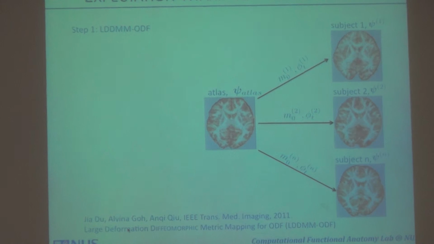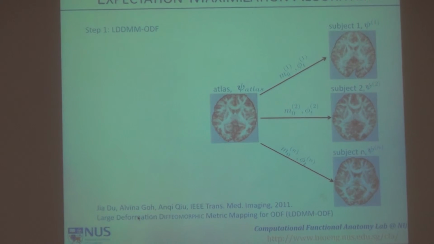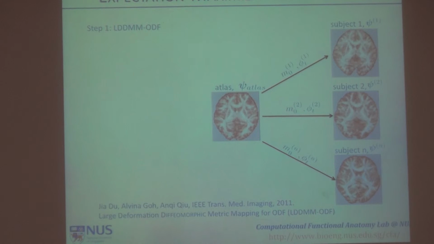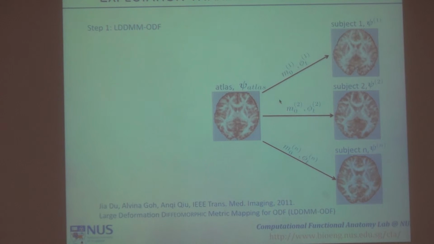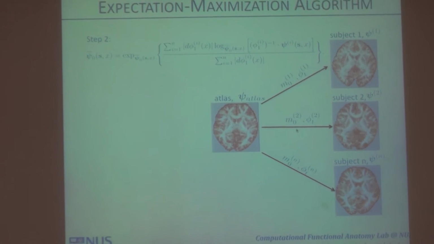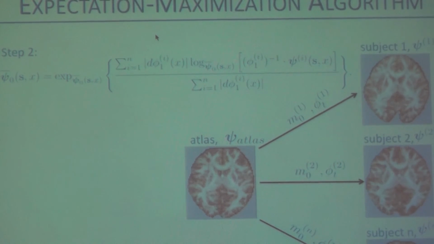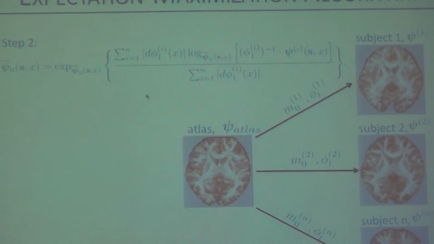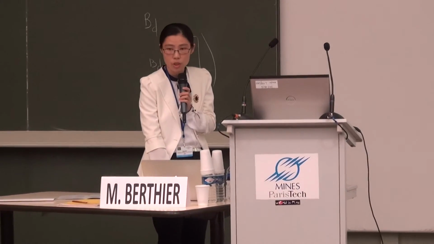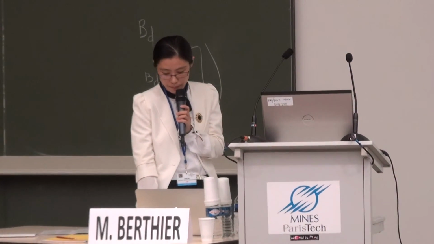So in practice, how do we compute this? The first step is to initialize the atlas. We assume we know the atlas, and use the large deformation diffeomorphic metric mapping for ODF algorithm to map this atlas to individual subjects. In the second step, we compute psi 0 bar through gradient descent, averaging ODF based on its deformation as well as the shape of ODF across individual subjects.